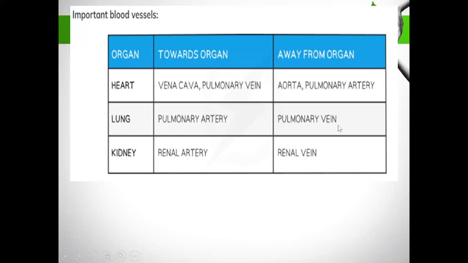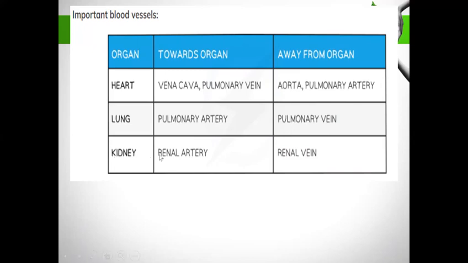that is pulmonary vein. Now see, a very important difference between the artery and vein is that most of the arteries have oxygenated blood, except one pair of artery, that is pulmonary artery, because pulmonary artery has deoxygenated blood, and most of the veins have deoxygenated blood, except one pair of veins, that is pulmonary vein, which contains oxygenated blood.